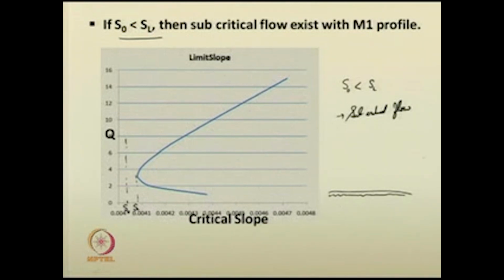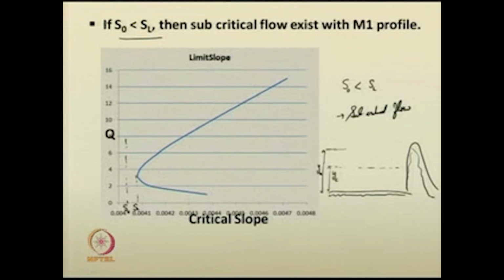You see here, this is the channel cross section. Suppose you are creating a bund, then this is your critical depth, and this is your initial normal depth.